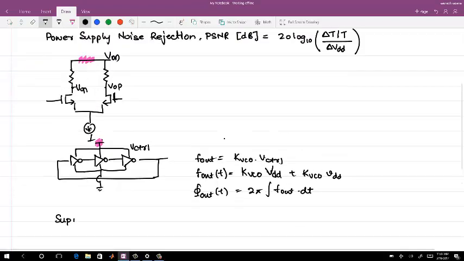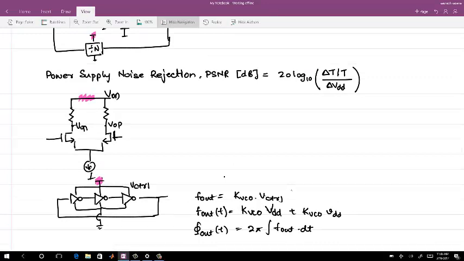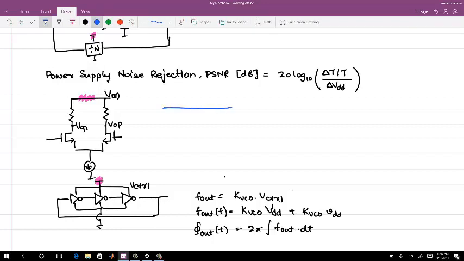Why do you say so? Well, let's see. Let me look at this if that's the doubt. In a differential cell, I have VOP and VON as differential signals at a given common mode, right? Now, what am I doing? Changing the common mode.